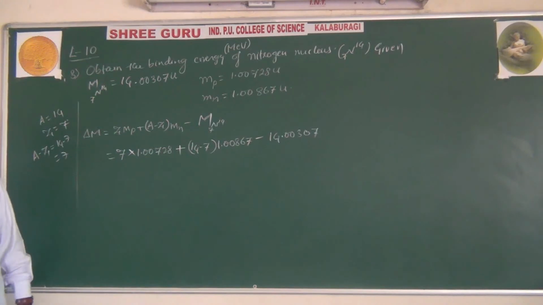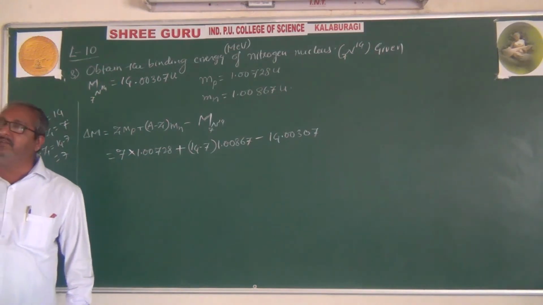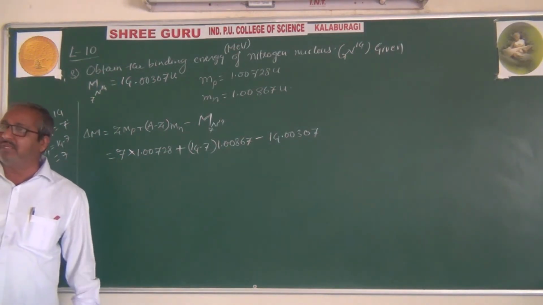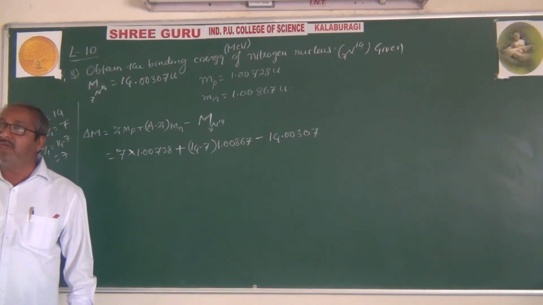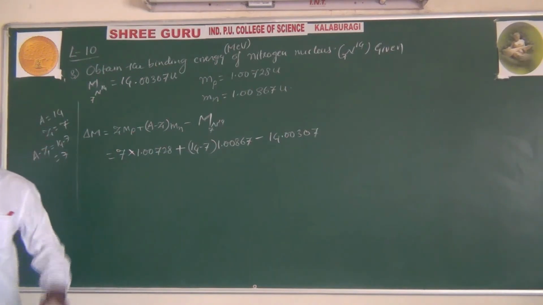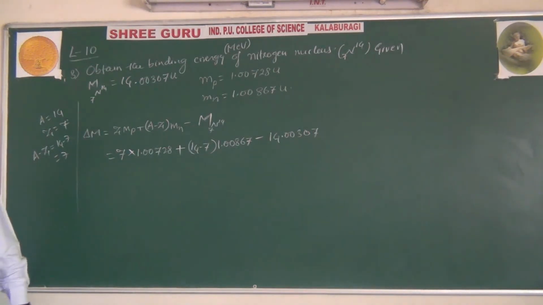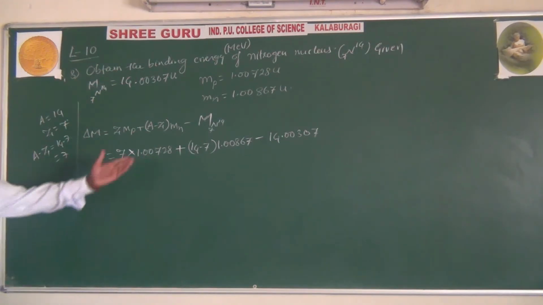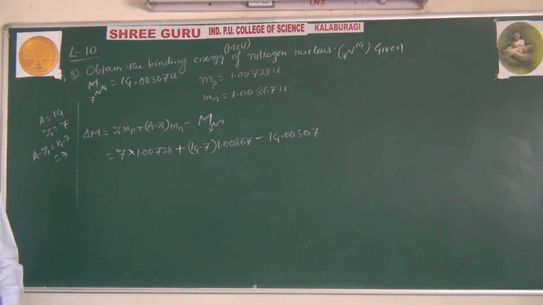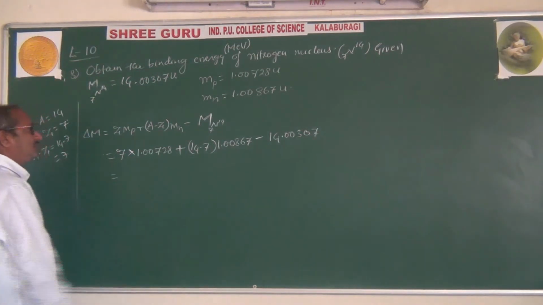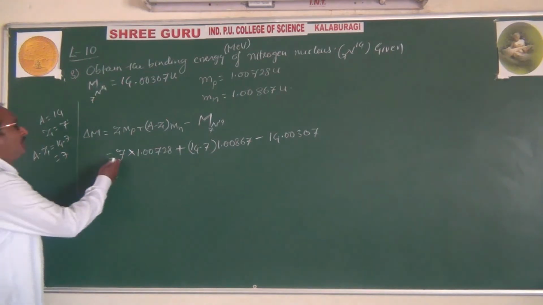If it is in atomic mass unit, then directly you find the energy by multiplying by 931 MeV, because in theory I already gave you the energy equivalent to one atomic mass unit, which is 931 MeV. So directly you have to multiply with 931.